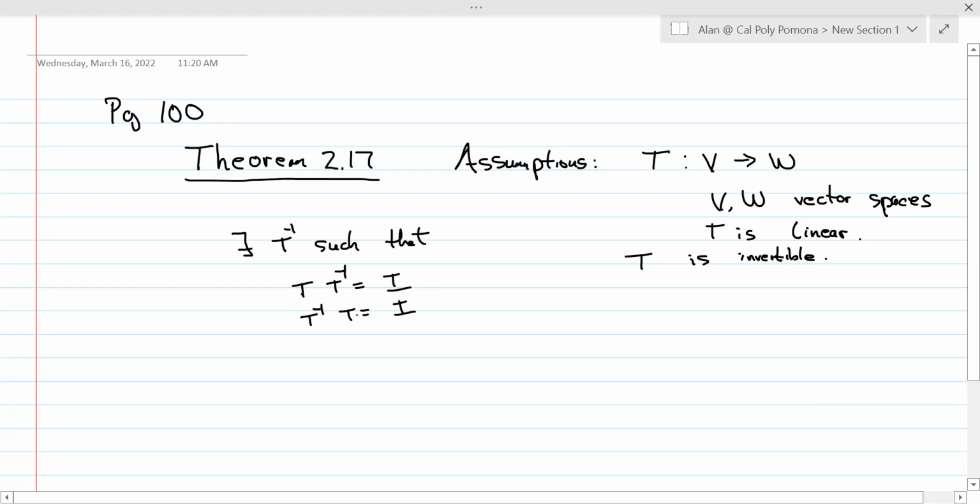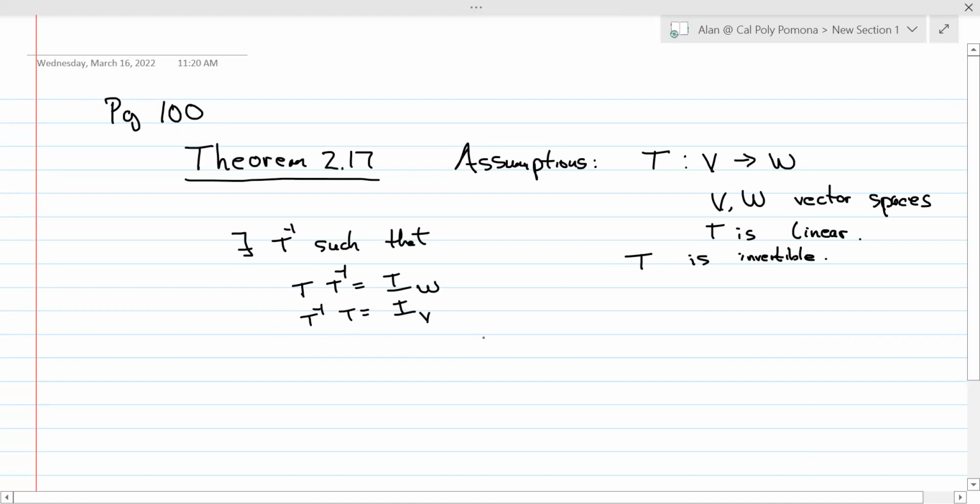T goes from V to W, and then T inverse goes from W back to V. So the composition is the identity on V, and the other composition is the identity on W. So at this stage, T is invertible means this.